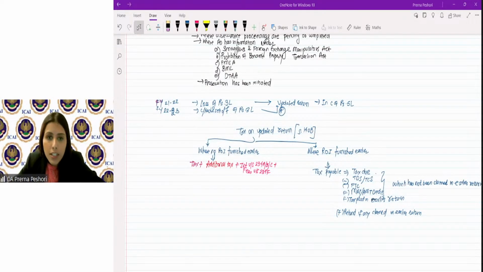Okay. On this, you will calculate the interest under 234B. Interest under 234B. Now, what would happen? Let's say, for example, you have the tax on the total income as declared in the updated return. From that, you will, of course, reduce the tax paid in the earlier return minus the TDS and TCS, which is not claimed in the earlier return, minus any FTC, minus any AMT or MAT credit.